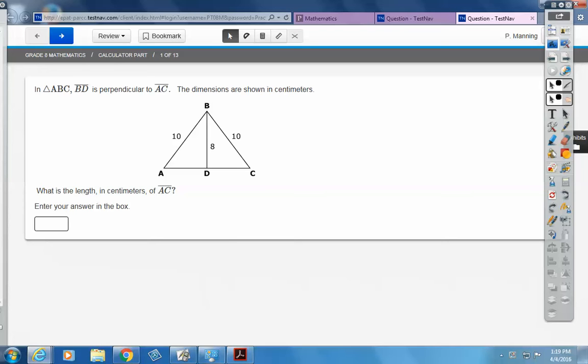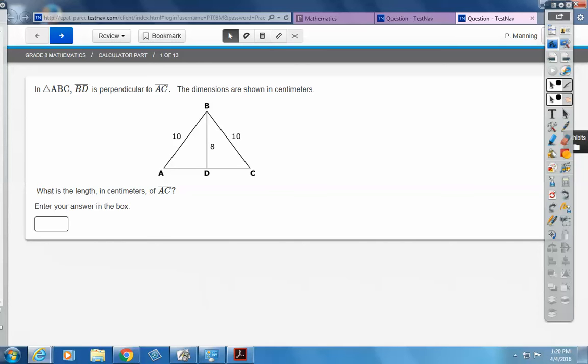Now, it does not tell us that we have a right angle here, so you cannot use the Pythagorean theorem directly to find the length of AC. However, it does tell us that line segment BD is perpendicular to AC.